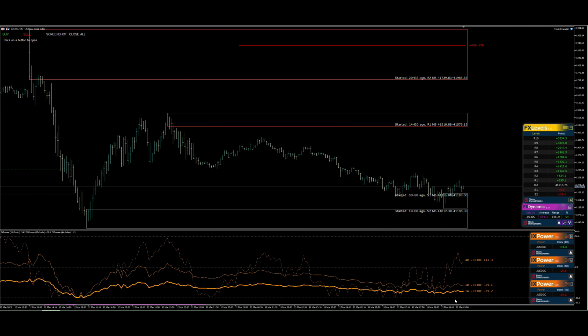Situation on the Dow Jones is that we have a pretty solid downtrend here, currently spiking to the upside, and we are sitting at a support level, at 2 support levels here already, but it looks like this might reach the opposite extreme.